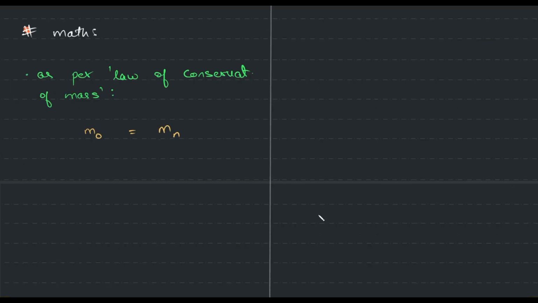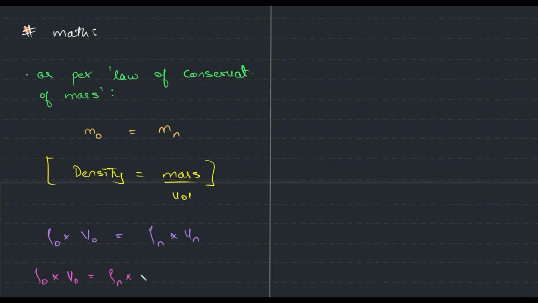So let's figure out the density of the liquid, new density. So what should we use? Density is equal to, correct, mass by volume. So with this, we can move on to writing mass as density into volume, and new density into new volume. So if we rewrite this expression, so let me write it here itself.